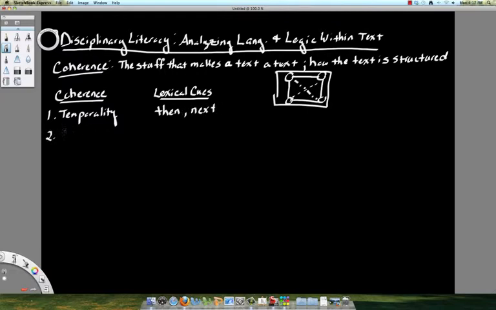A second type of coherence is causation. The lexical cues that are used here might be because, so, thus. A third type of coherence that we find in text is compare-contrast.